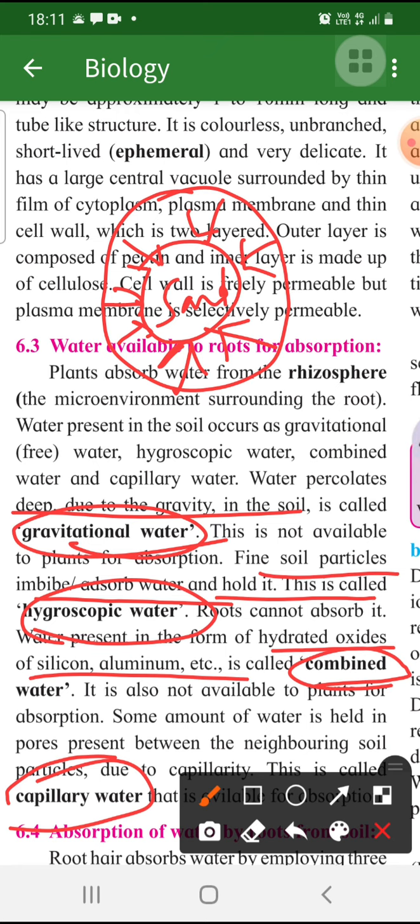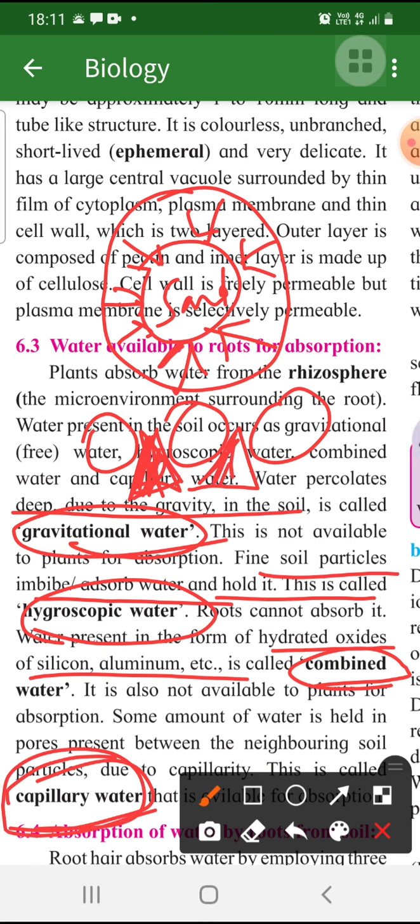So if the question is what are the different types of water present in the soil, how many points will you write? 4 points. Okay, but if the question comes which water is available to plants, only one answer is there: capillary water is available. Capillary water means the water present in the pores between the soil particles. If these are soil particles, the pores between them, in this triangular part, have the capillary water present.